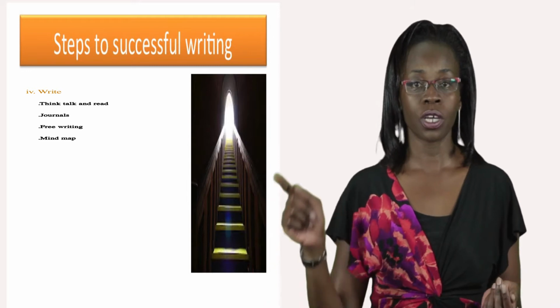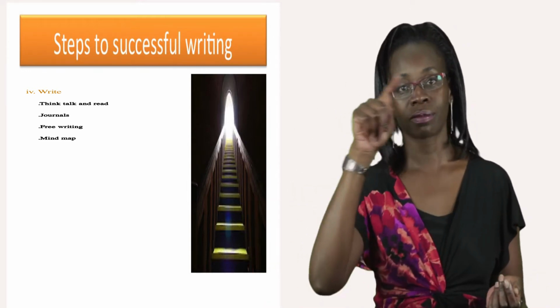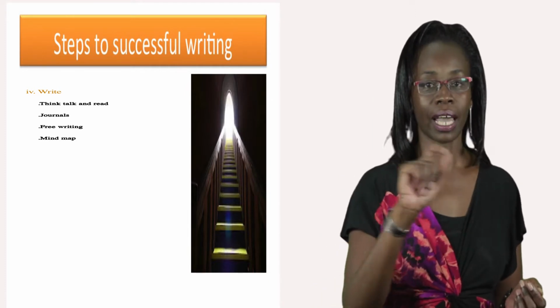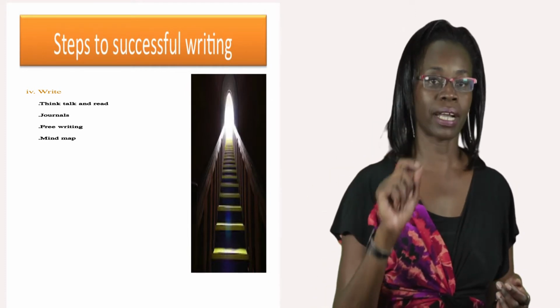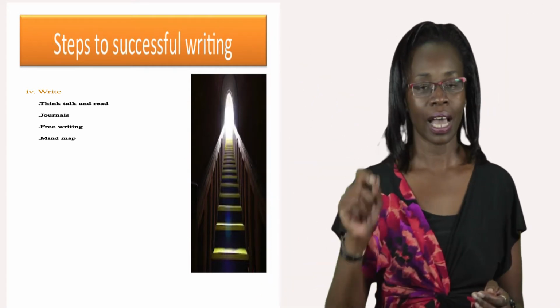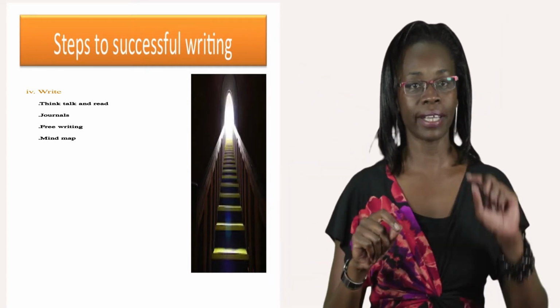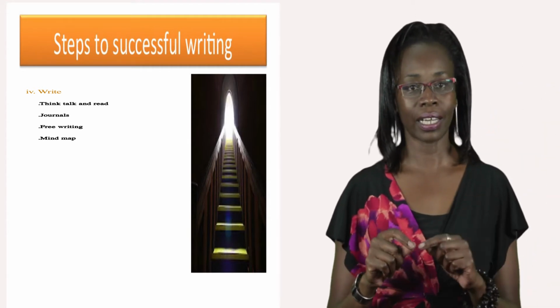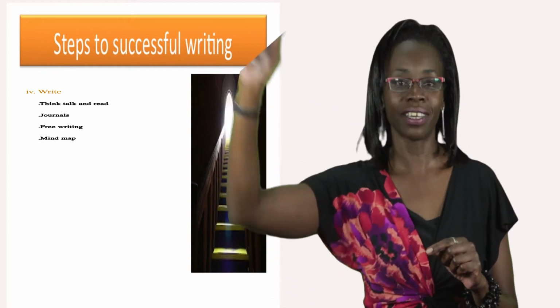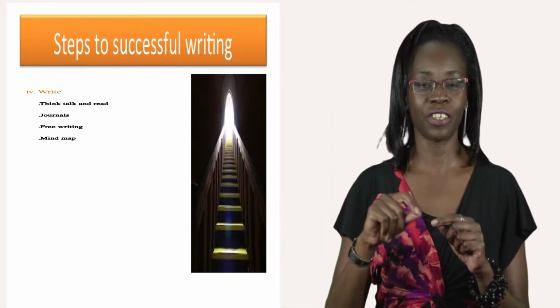So what do you do? You draw a circle, and in the middle, you write climate. Then after writing climate, you have maybe 3 branches stretching out. 1, 2, 3. Under climate, what can you write? Weather. Under climate, another branch, you can write rain. Under climate, what can you write?